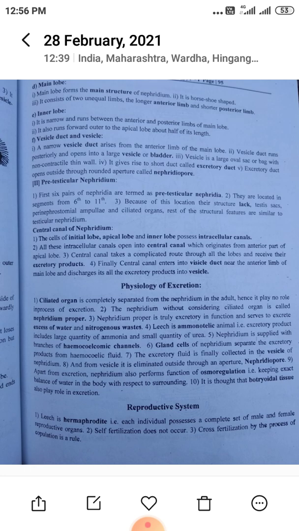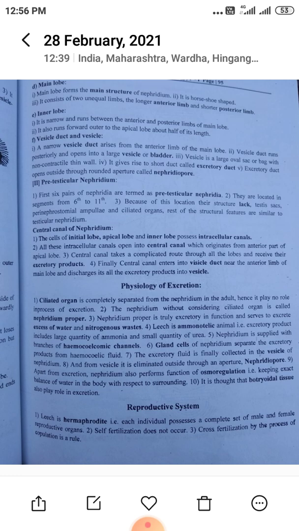Then the physiology of excretion. The ciliated organ is completely separated from the nephridium in the adult, meaning it is not part of the nephridium, hence it plays no role in the process of excretion.